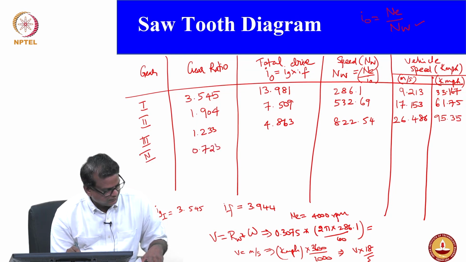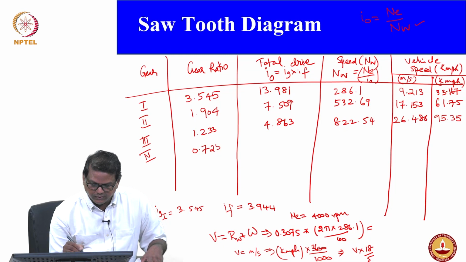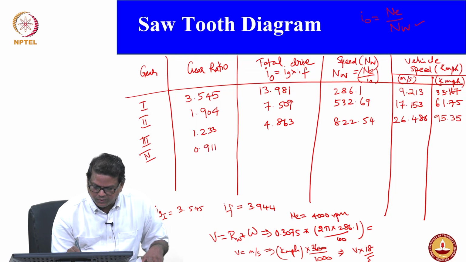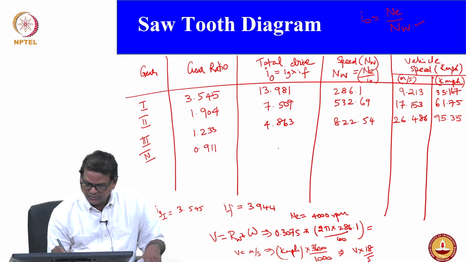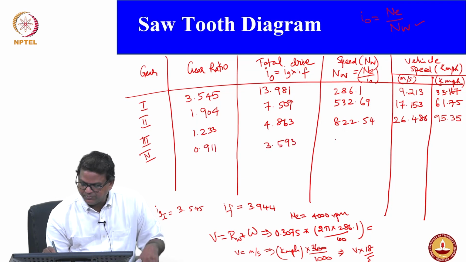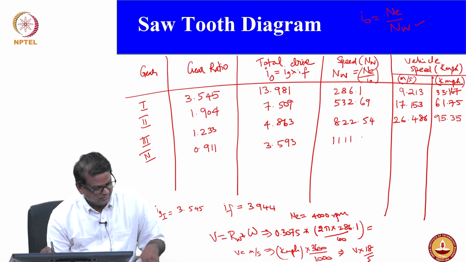0.725, sorry, it should be 0.911, 3.593, and vehicle speed 113.28.